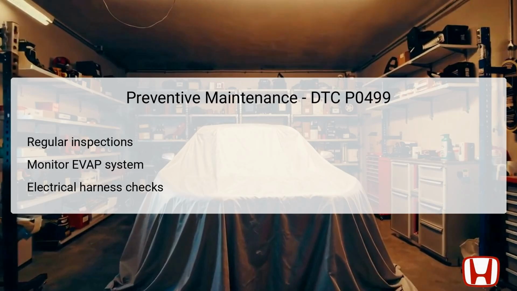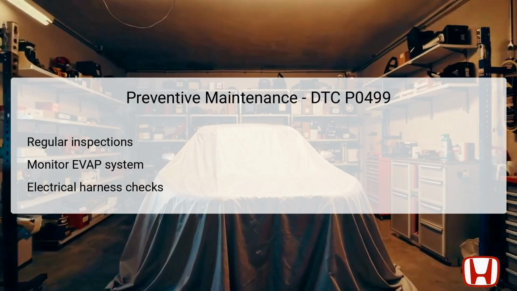Additionally, monitoring the electrical system connected to the EVAP canister vent shut valve is crucial. Any signs of wear or damage should be addressed immediately. Routine checks of the electrical harness can help identify potential points of failure before they cause a malfunction. By maintaining vigilance over these components, drivers can better ensure the reliability of their emissions system and prolong the life of their vehicle.